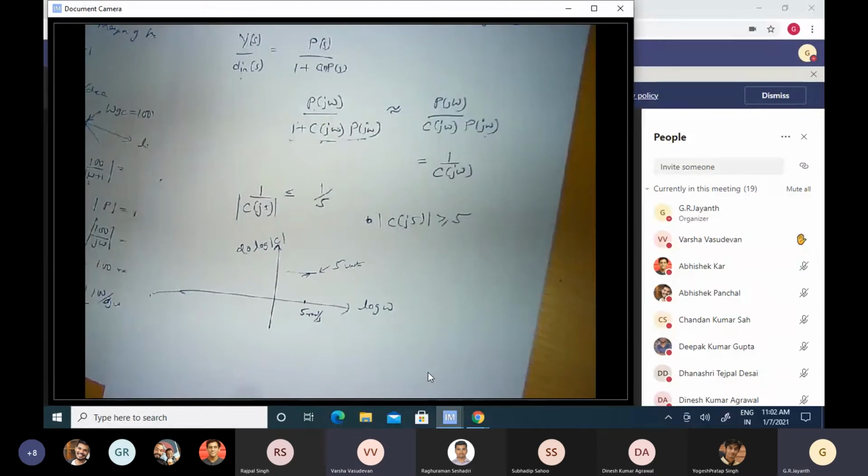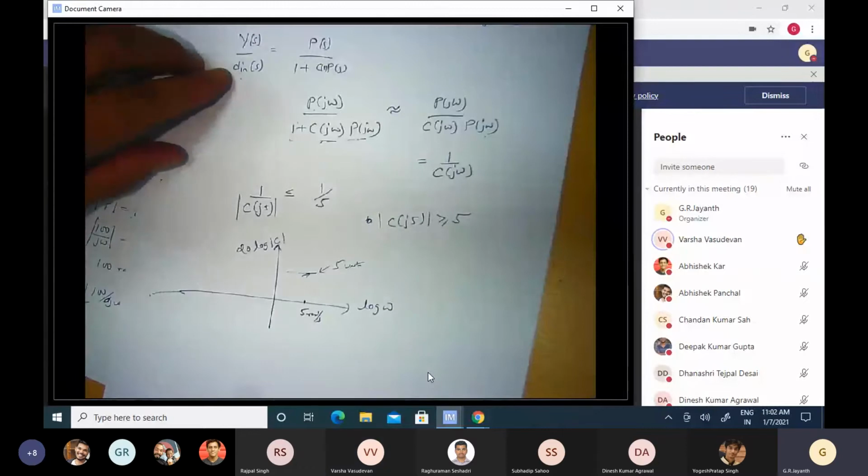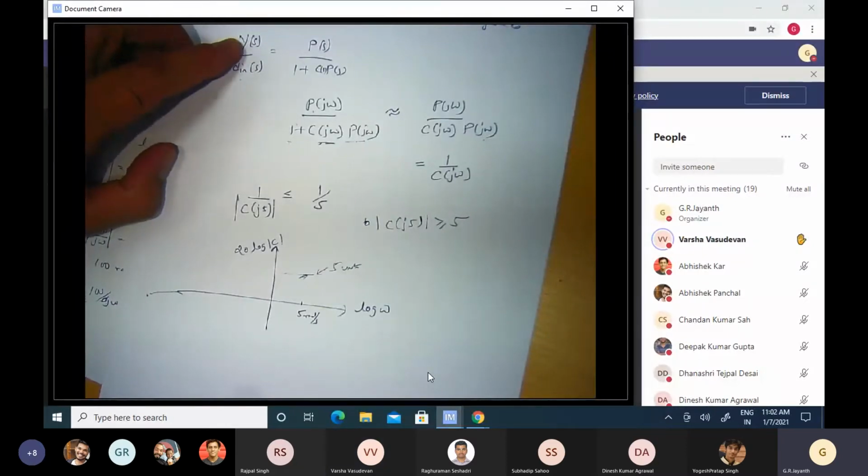The 80% reduction, so if the criteria was different, how would it affect this design? So let us say I wanted 90% rejection. That's what you're asking, right? What I want is only 10% of the disturbance should leak to the output.